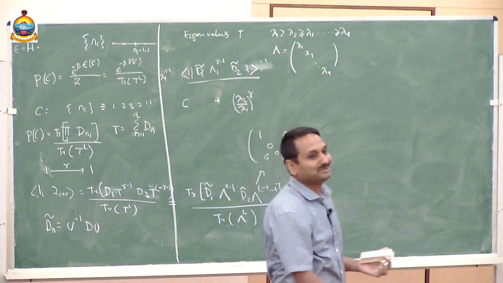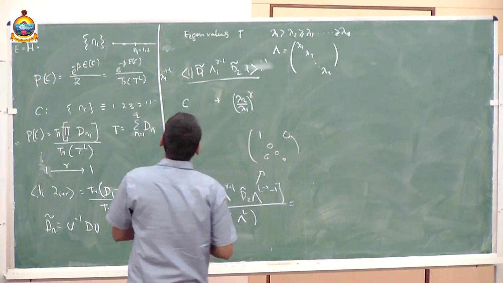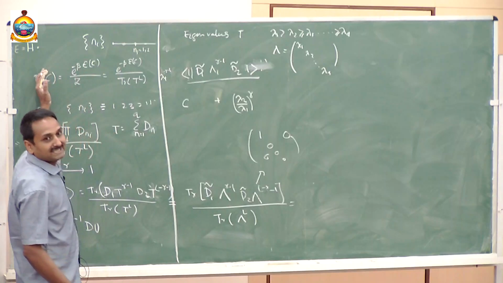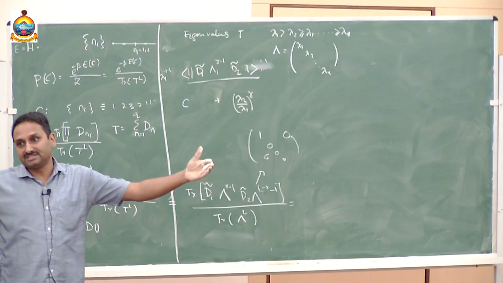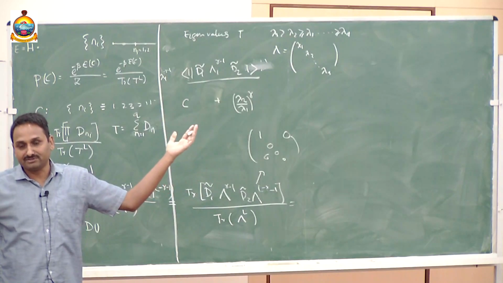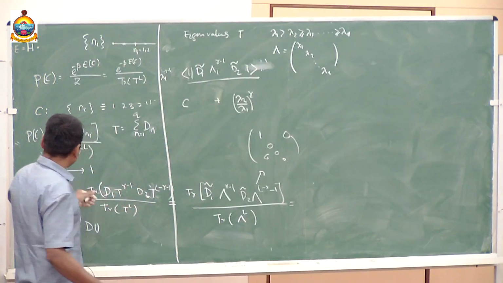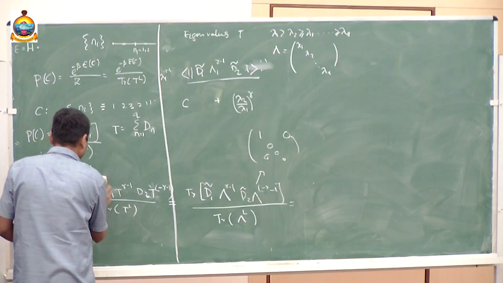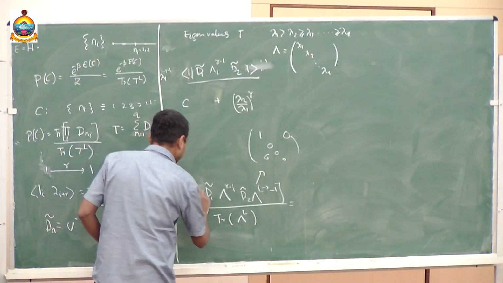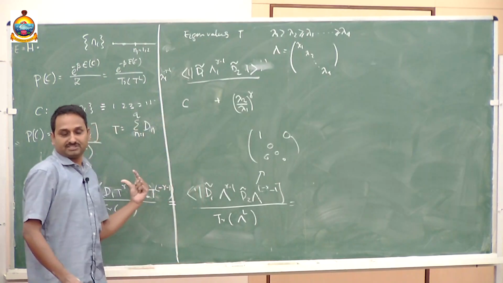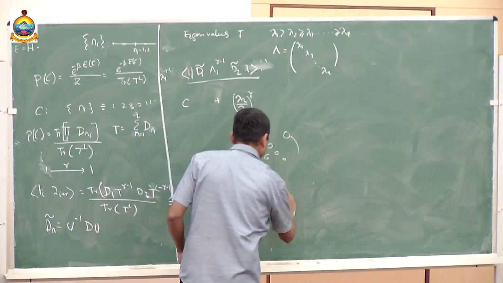Somebody asked me a question earlier: what will happen, instead of the trace, if you have an open boundary situation? This is a periodic boundary condition, so you have a trace. In an open boundary condition, this trace will be replaced by some other vectors, whatever vectors represent this boundary, and this one will be represented by whatever boundary.